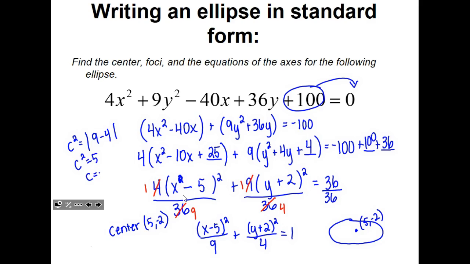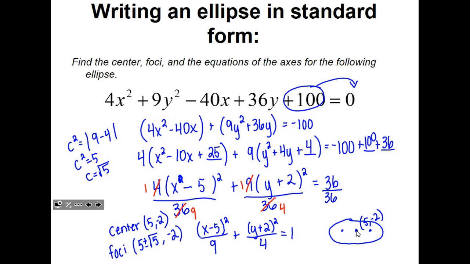So c is the square root of 5. So that means from my center point right here, I'd have to go to the left and to the right square root of 5. So my foci will be at 5 plus or minus the square root of 5, negative 2.